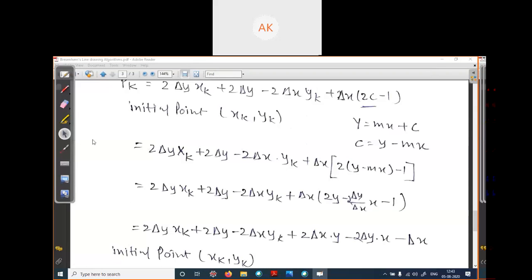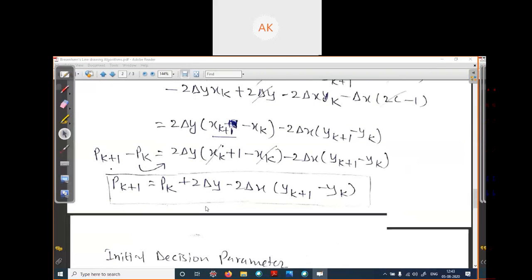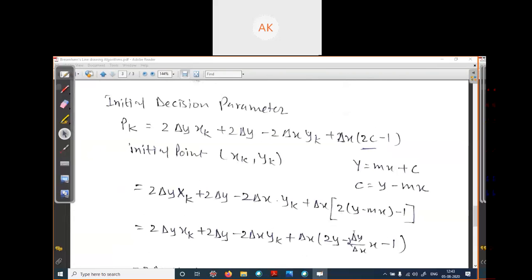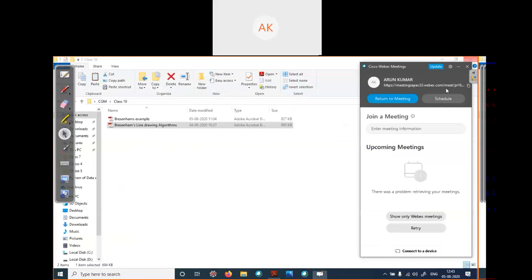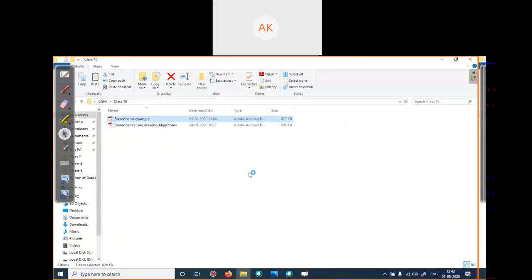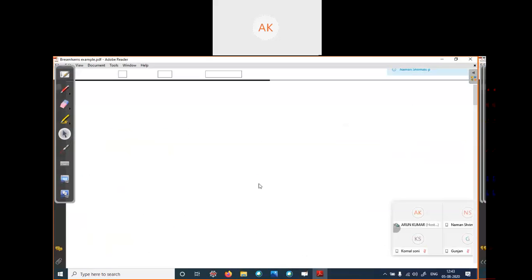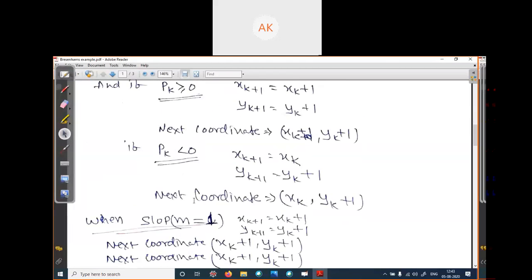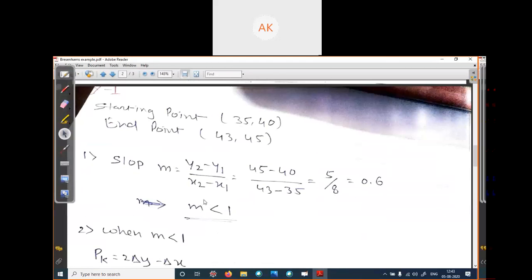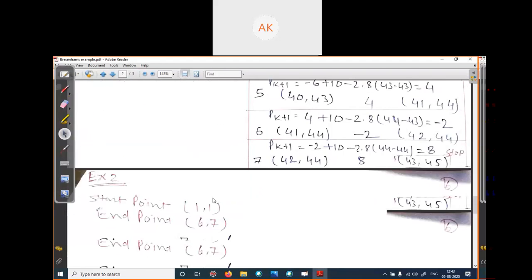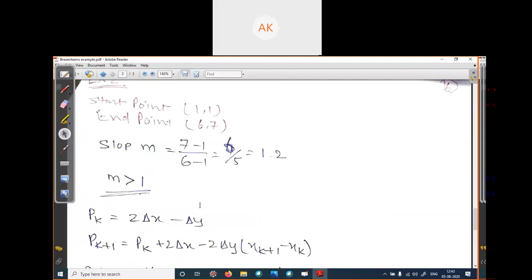I'm showing this till I start the next example. Okay, so example 2, when your starting point is 1 1 and your end point is 6 7.